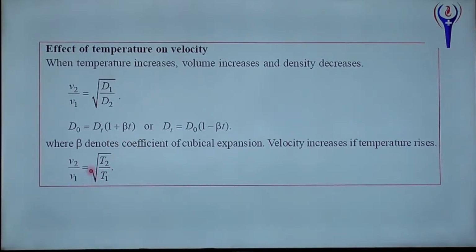Based on that, V2 by V1 equal to square root of T2 by T1. From this, V2 is proportional to root of T2, so V is proportional to square root of T. Noted?